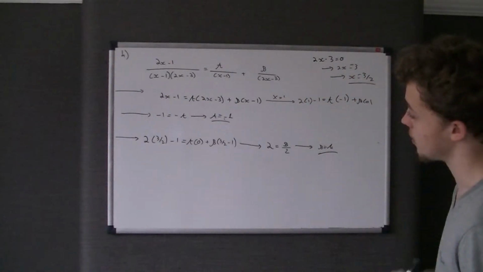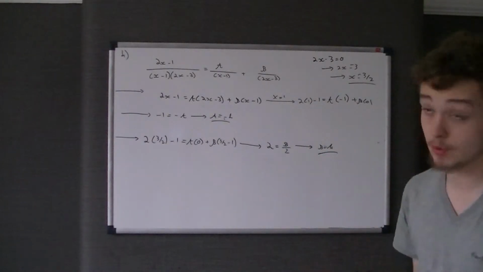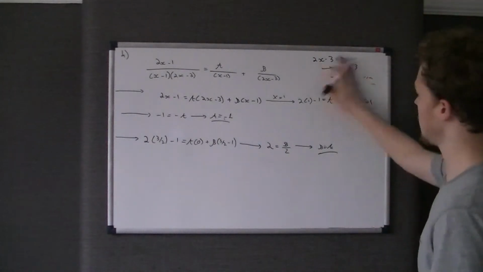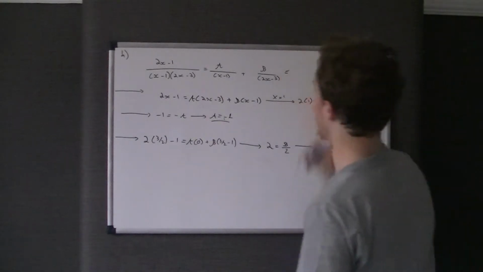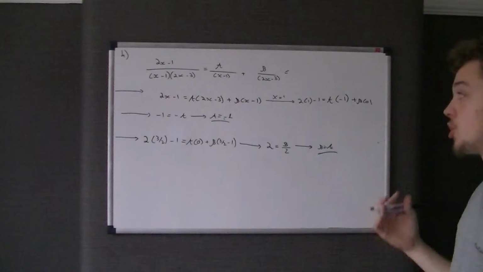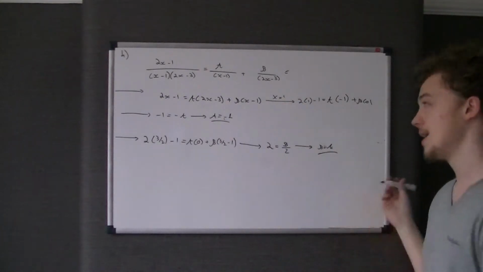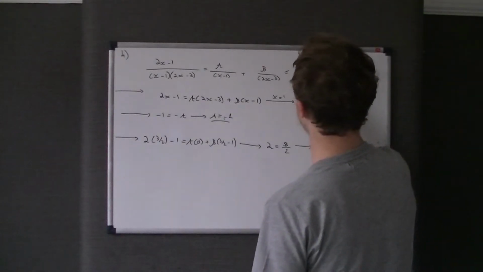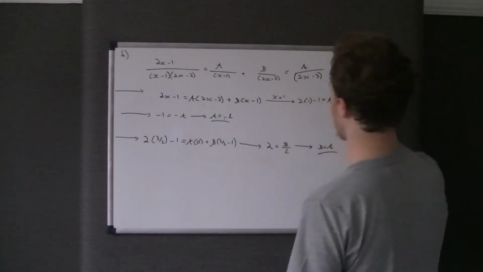Now you could simply just write minus 1 over x take 1 plus 4 over 2x take 3, but I think it's a little bit more intelligent to, even though I wrote a and then b that way round, I just assumed that a was going to be positive, but obviously we know it isn't. So instead, it's up to you, but I'm just going to write it as 4 over 2x take 3, because they're not asking for the values of a and b, they're just asking to put it into partial fractions.